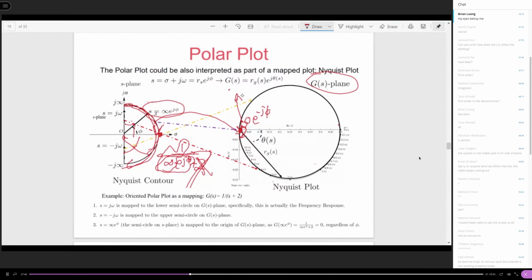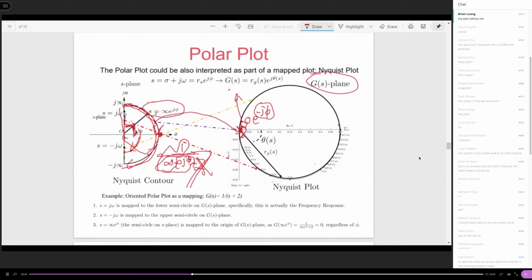No, I'm sorry, it's wrong. The rotation is opposite, because of the negative sign, right? This is from positive 90 degrees round to negative 90 degrees.